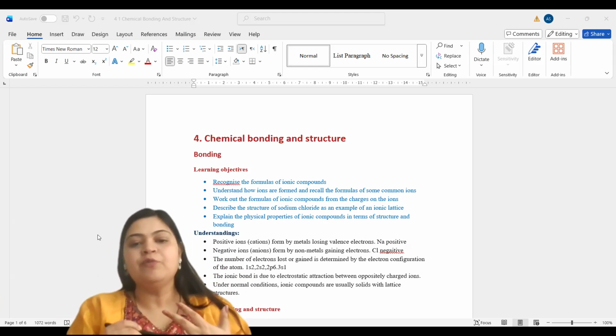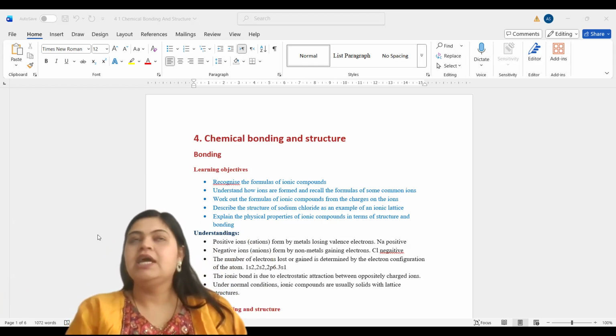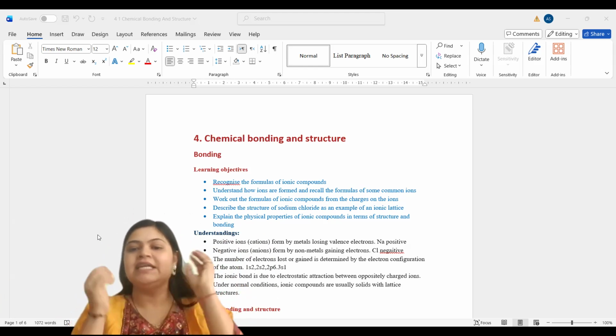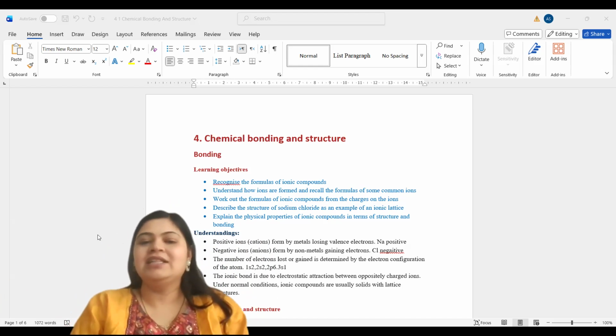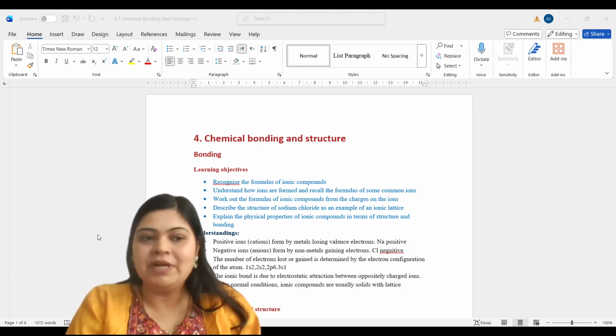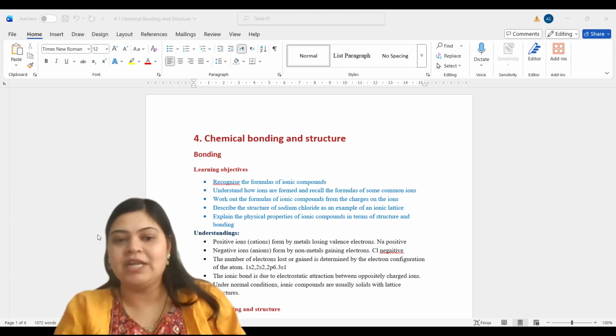We will work out the formulas of ionic compounds from the charges of the ions, describe the structure of sodium chloride as an example of an ionic lattice, and explain the physical properties of ionic compounds in terms of structure and bonding.